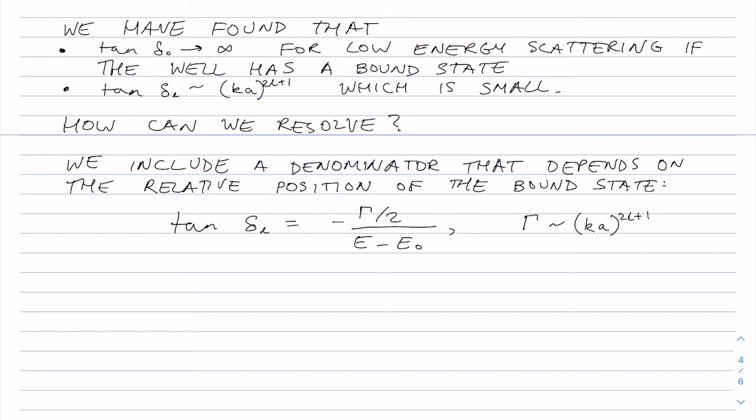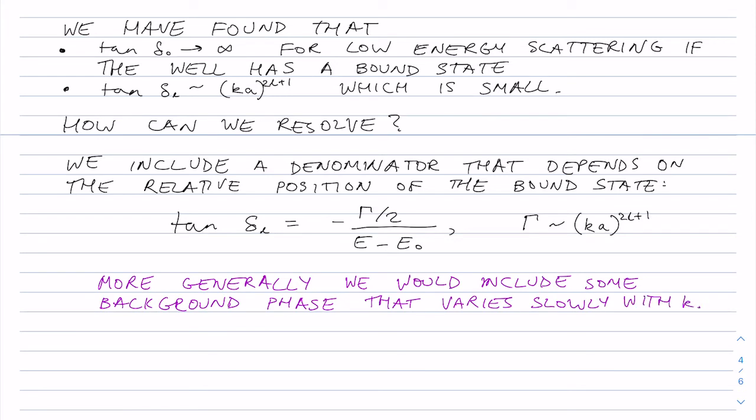Now generally there'll be some additional background as well, which will depend on K, but this is kind of a technical aspect. So generally you'd have that the full delta L as a function of K would be some background phase which really doesn't change too much with K, at least in the vicinity of E close to the resonance.